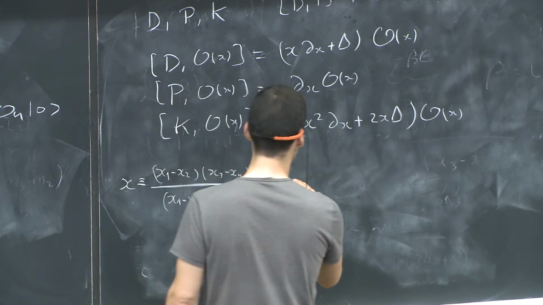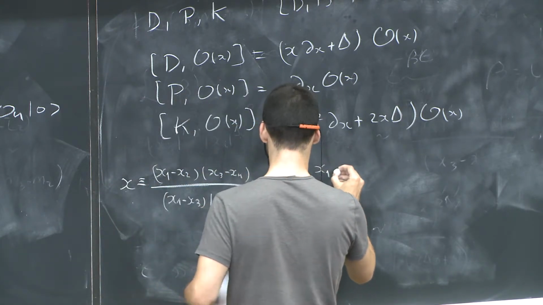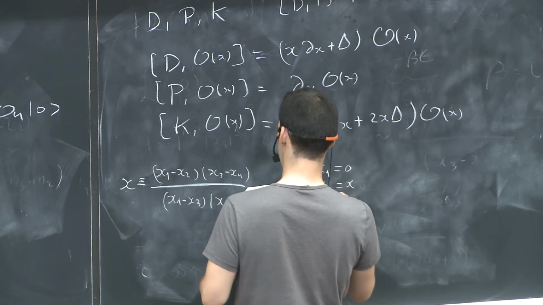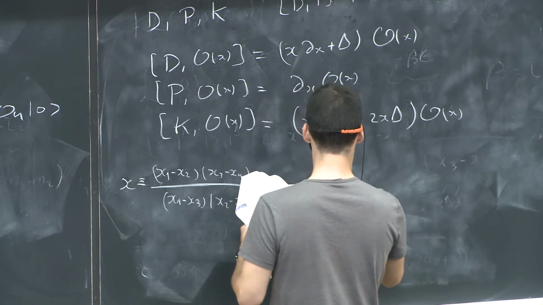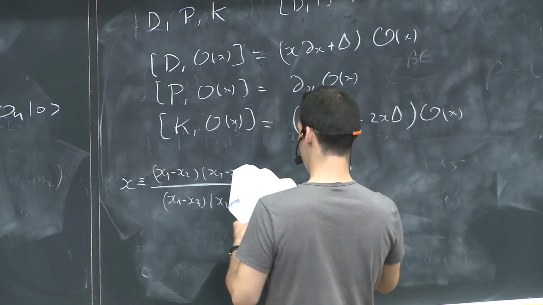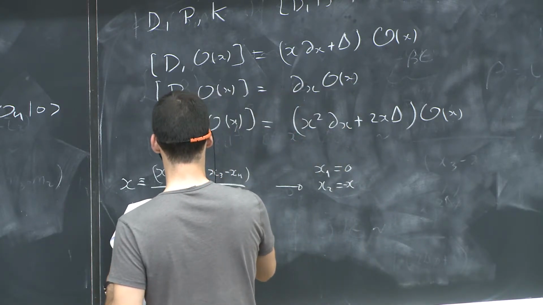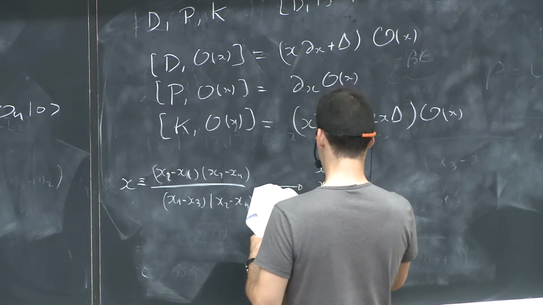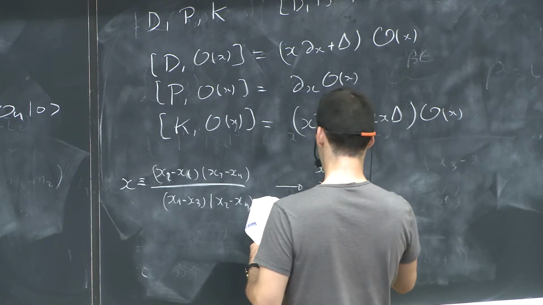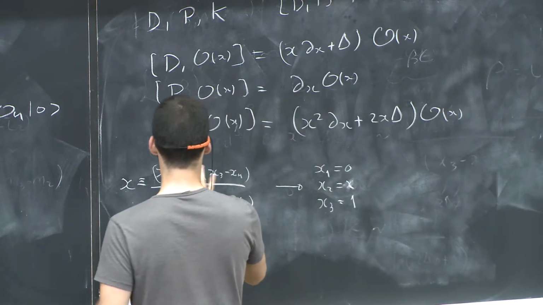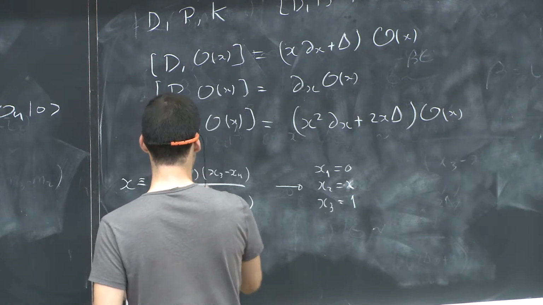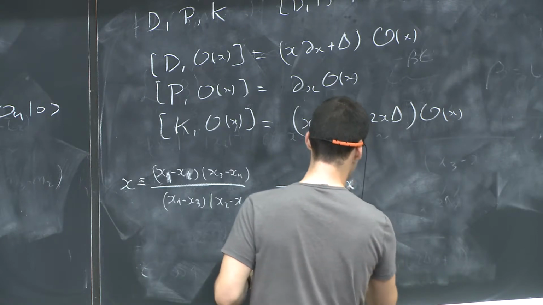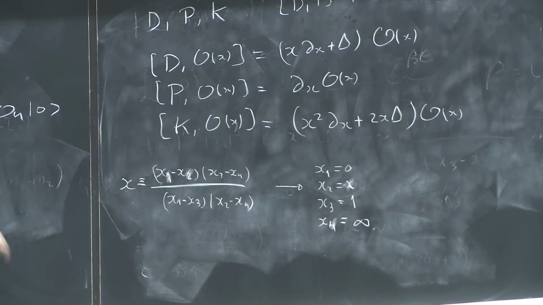And I'm going to pick a configuration of points where x1 is 0, x2 is x, then x3 is 1. My apologies, this is correct. And x4 is infinity.